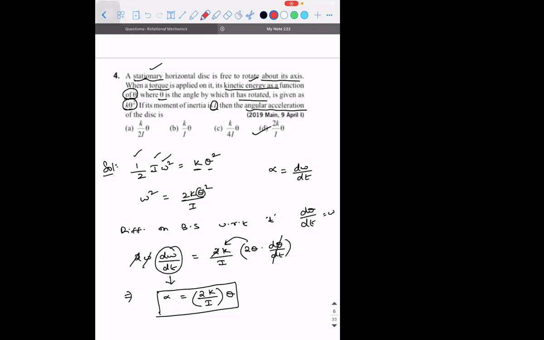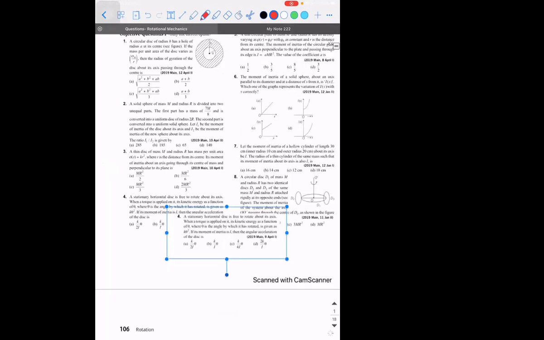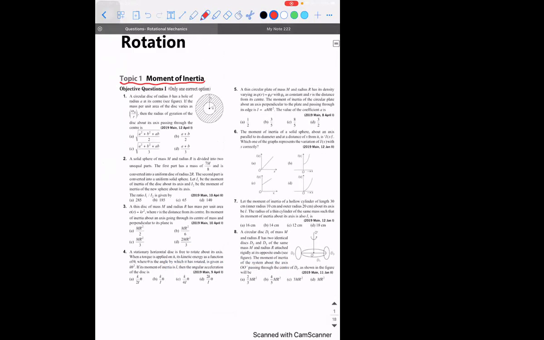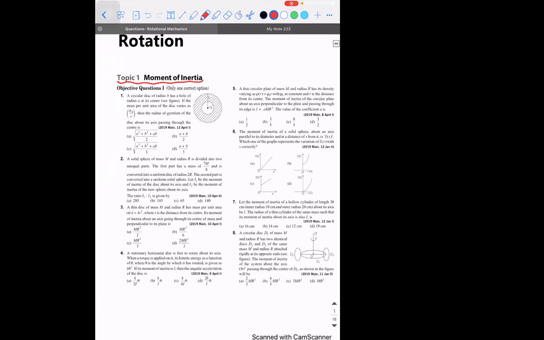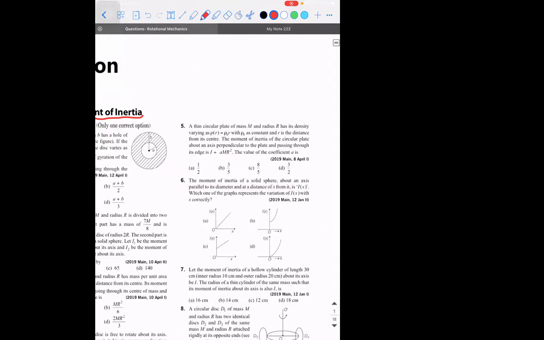Yes, sir. So let's do some more problems which are based on different concepts. Integration ones, I would like you guys to try. If you have any doubts, you can approach me. Looking at the fifth question, I can say we have to do it by integration. Can you tell me why? The fifth question clearly says you have to do integration because there is a function that is given.